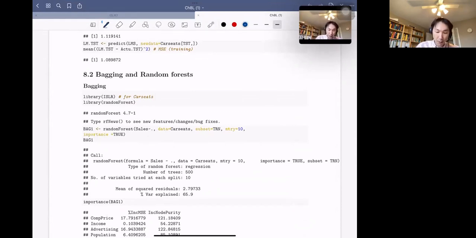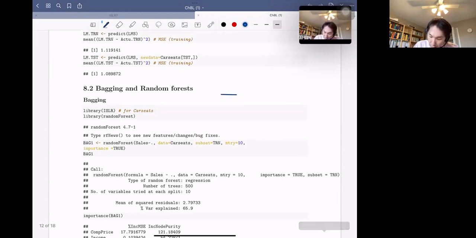Remember that the only difference between bagging and random forests is the number of variables for each tree. Suppose we have only two predictors, x1 and x2. We don't really have to use all variables every time.